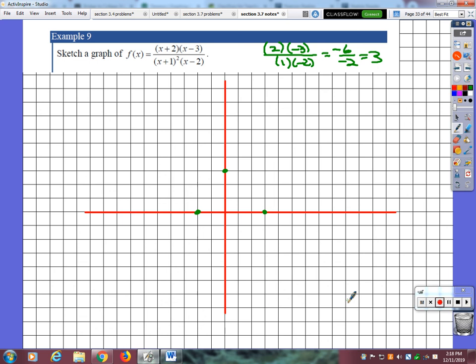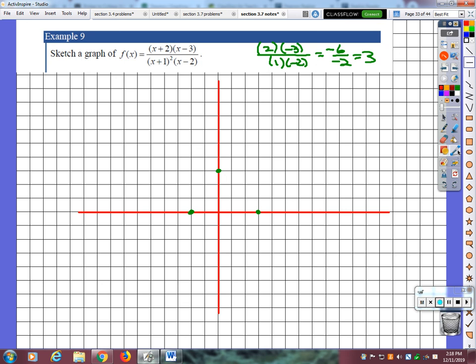Okay. Asymptotes. What do I got going for asymptotes? I got -1 and 2 for my vertical asymptotes. What's my horizontal?